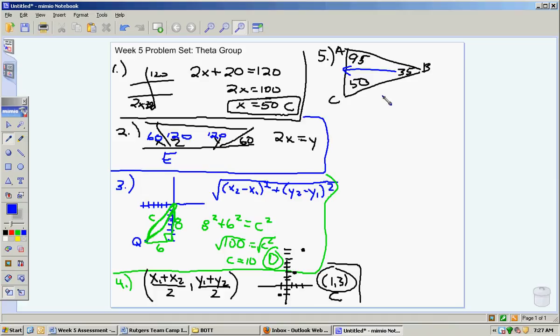And then number 6, there's another Pythagorean theorem problem. On a camping trip, Troop A goes on a hike. They leave their campsite, so we'll call this their campsite here, and they go 3 miles north. Okay, so there's our 3 miles, and then they go 4 miles east.